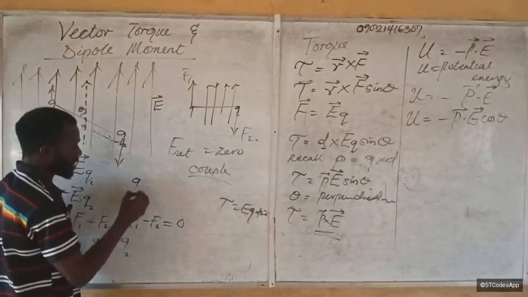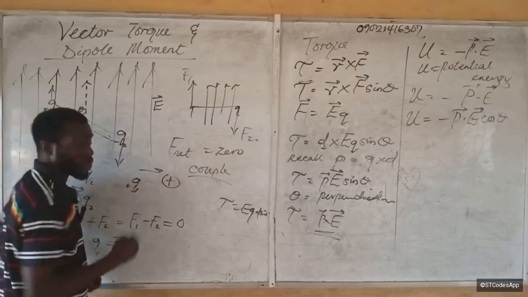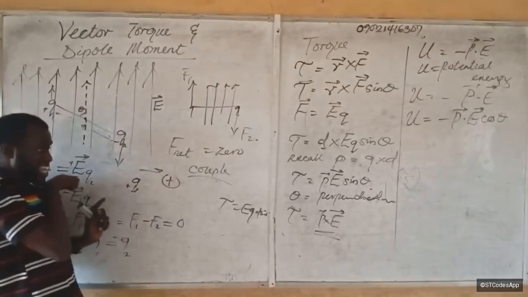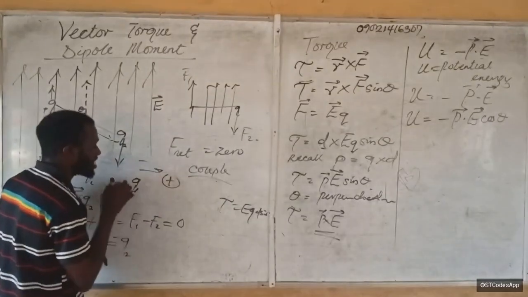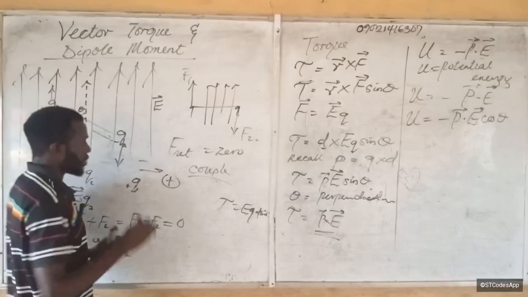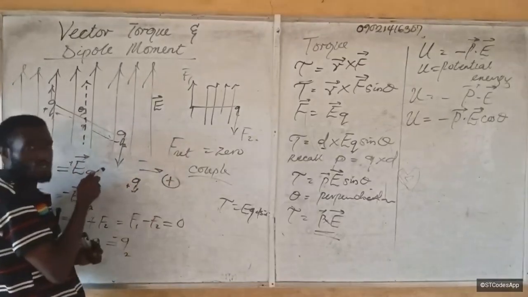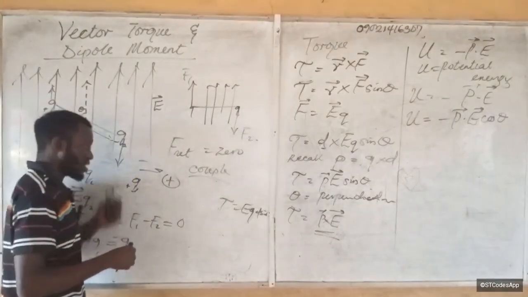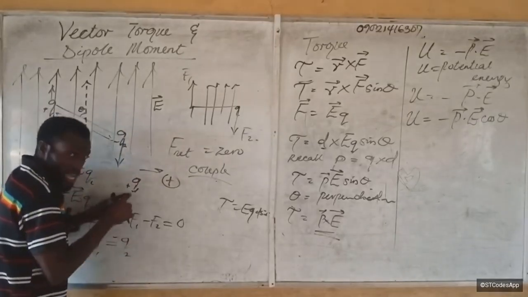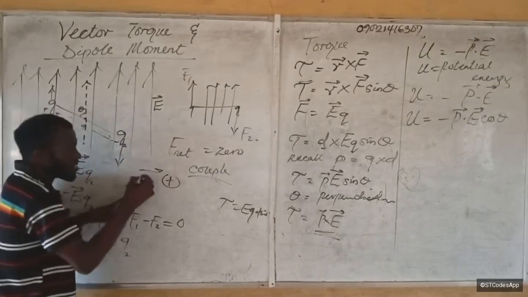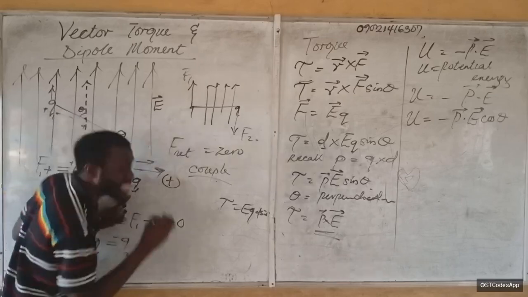If I have a positive charge here, and I want to take a positive charge Q towards it, then I am doing work against the field of this charge, so I'm doing negative work. But if the charge is leaving the field, the field is doing work on it, relative to our positive charge here, because it's moving in the direction of this positive charge, the potential energy will be increasing.